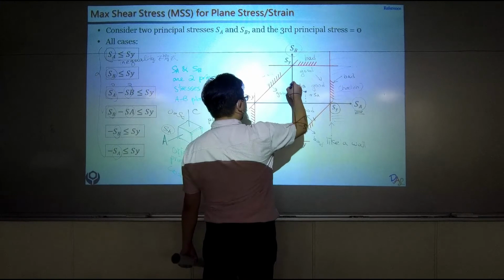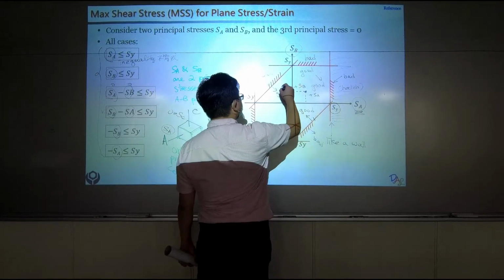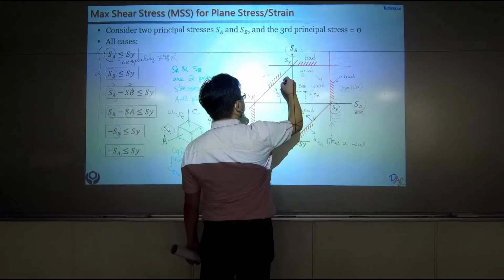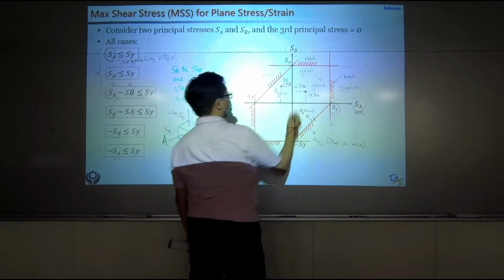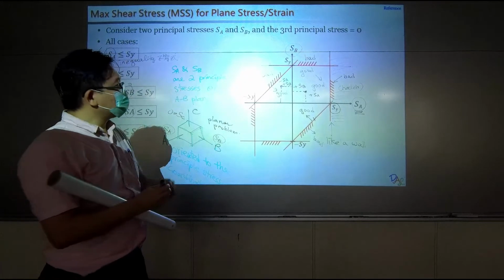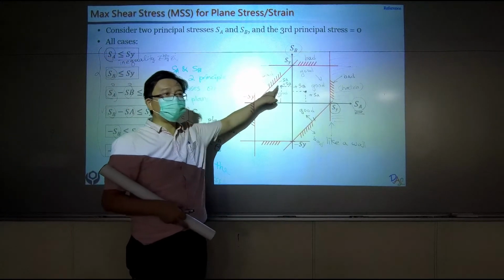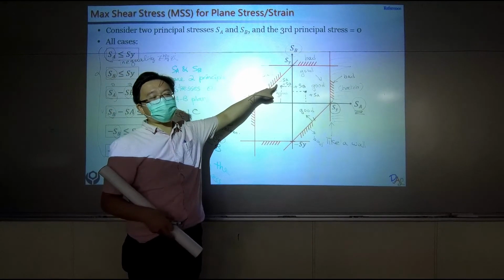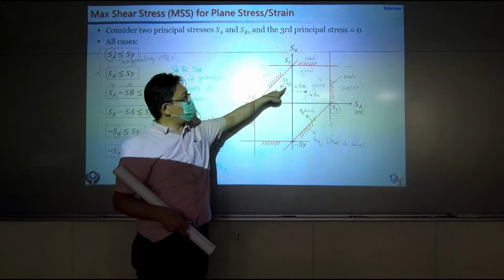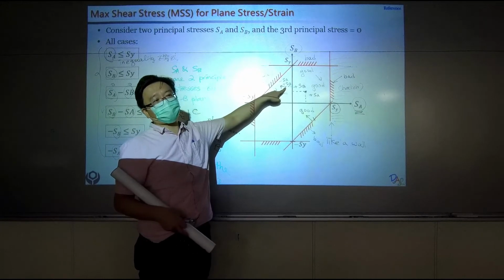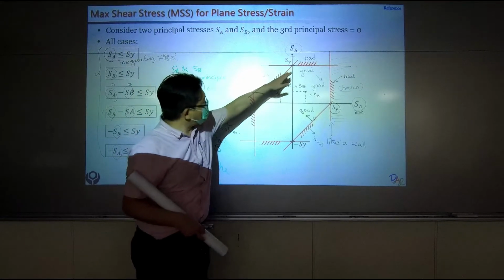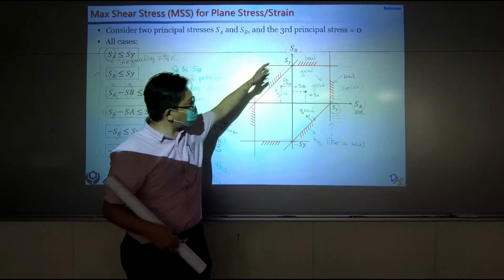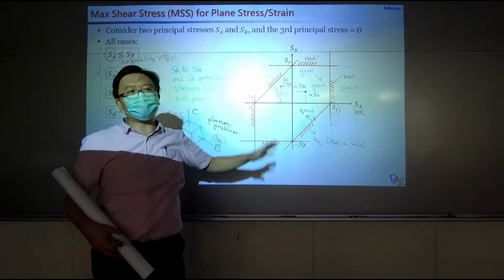And maybe we have another design right here, and I have negative SA, positive SB. What does negative SA mean? That means in this particular design, along this SA direction, it's having negative stress. Along the SB direction, positive stress. But because it's within this hexagonal shape, it will not yield.